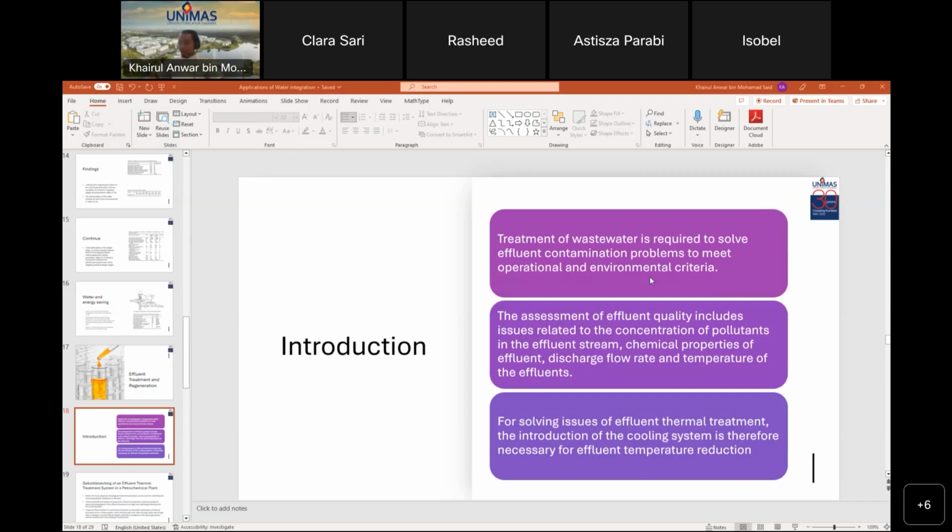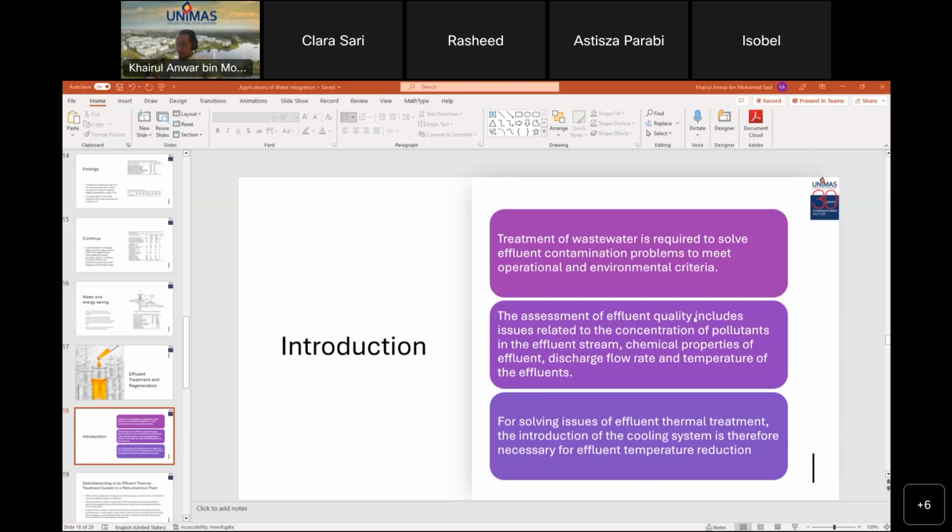Introduction. Treatment of wastewater is required to solve effluent contamination problem to meet operational and environmental criteria. The assessment of effluent quality includes issues related to concentration of pollutant in the effluent stream, chemical properties of effluent, discharge flow rate, and temperature of the effluent.